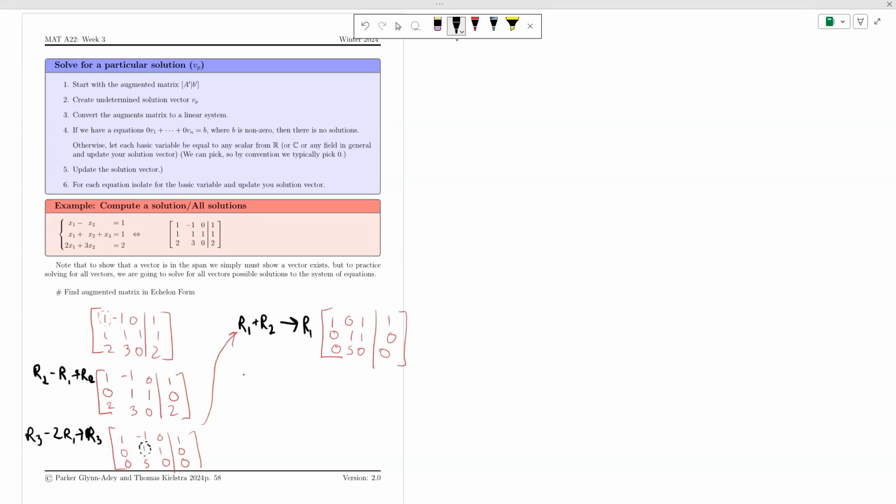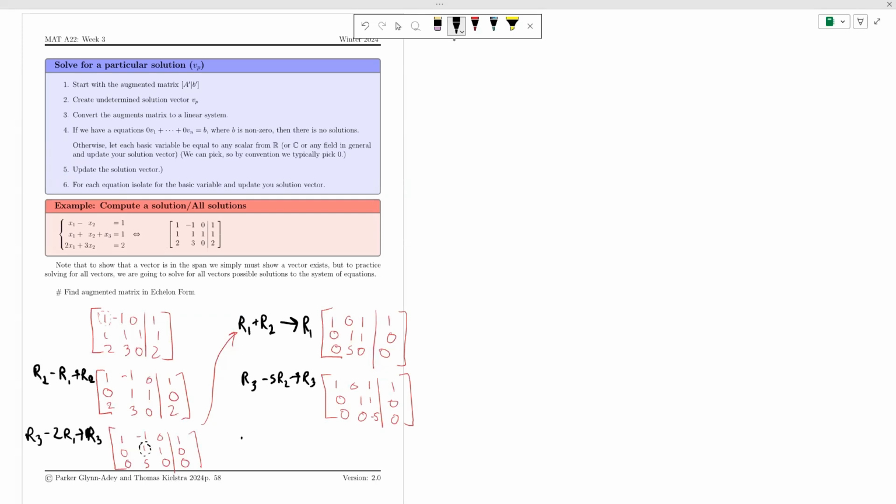My next operation is row 3 minus 5 row 2 replaces row 3. And this gives me the set 1, 0, 1, 1, 0, 1, 1, 0, 0, 0, minus 5, 0.